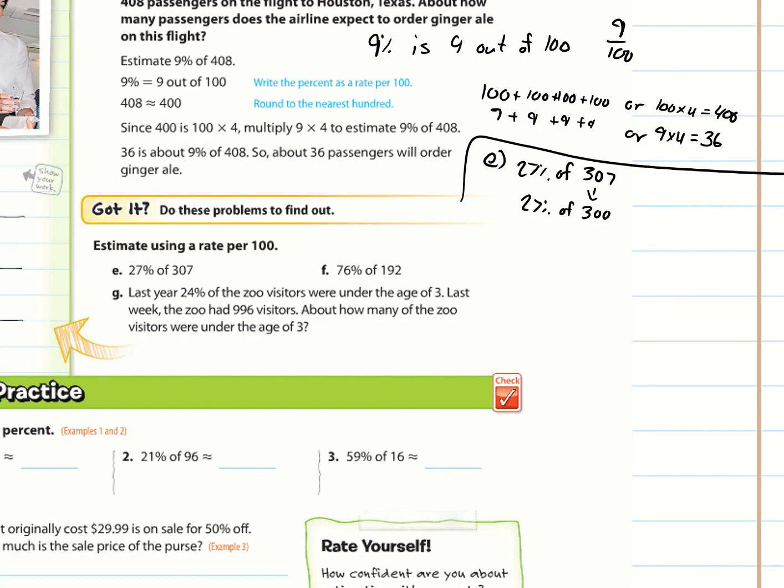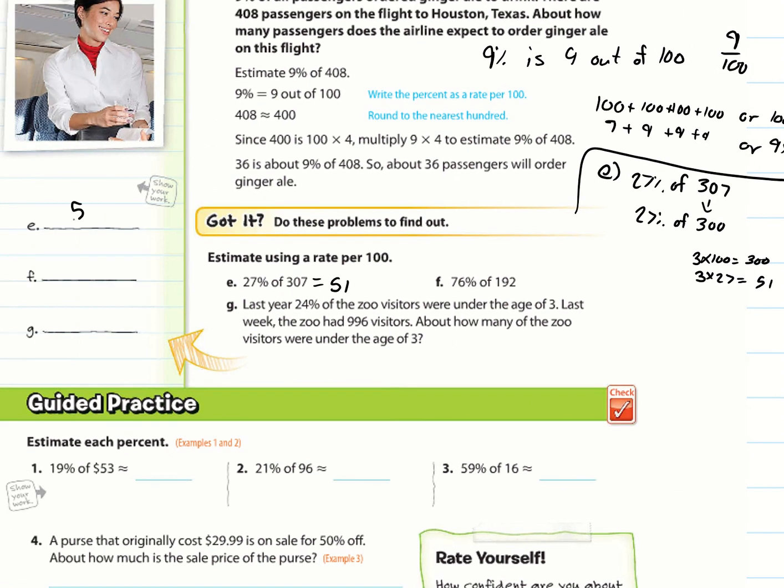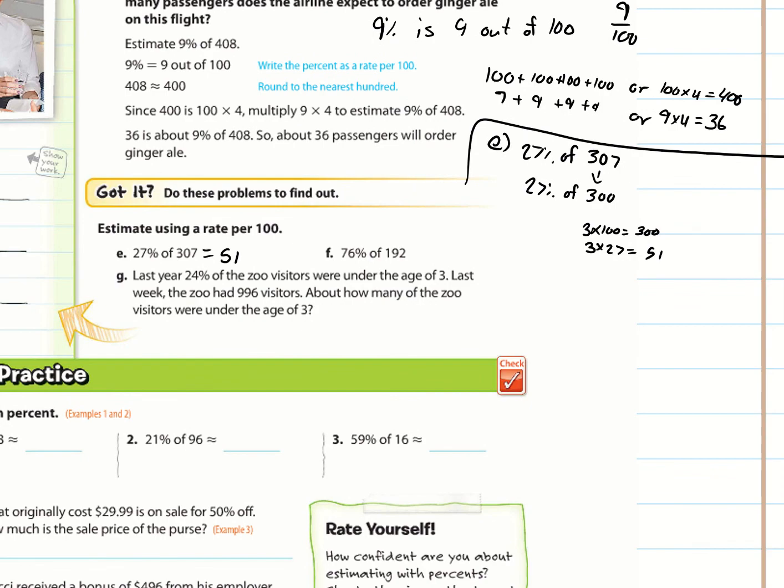Now, if I'm using unit rates of 100, I know 3 times 100 equals 300. So 27% of 100 is 27. So I can do the same thing here. 3 times 27 equals 51. Because I know 27% of 100 is 27. So go ahead and try F and G.